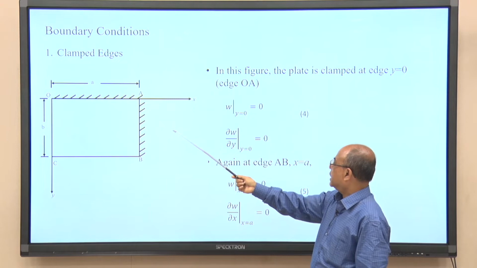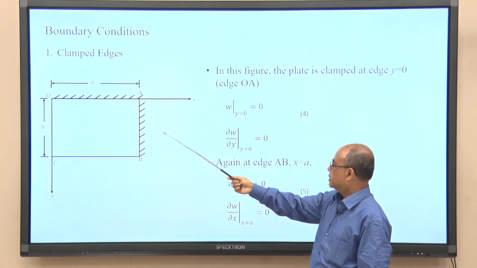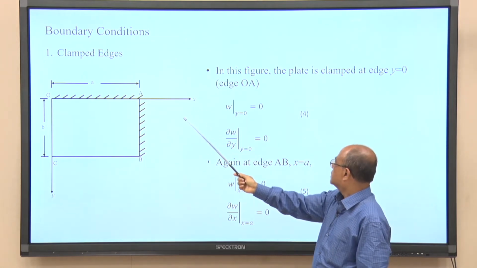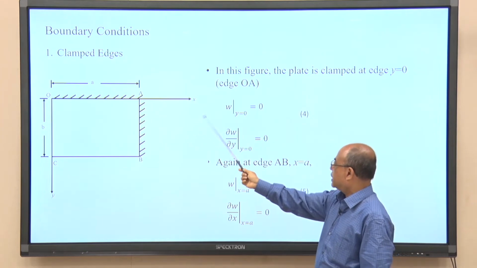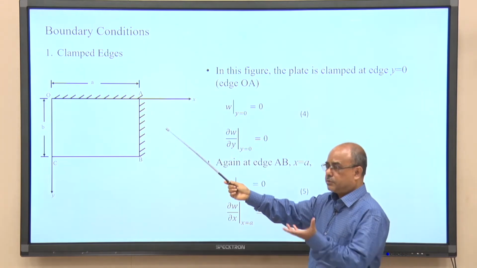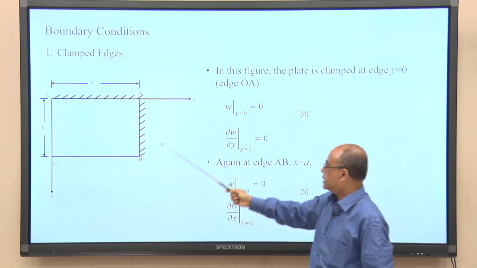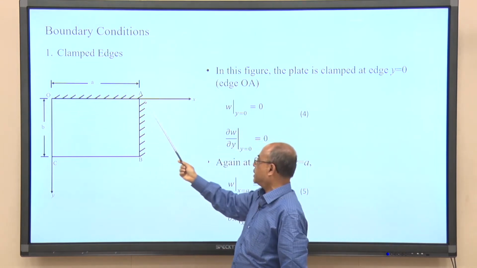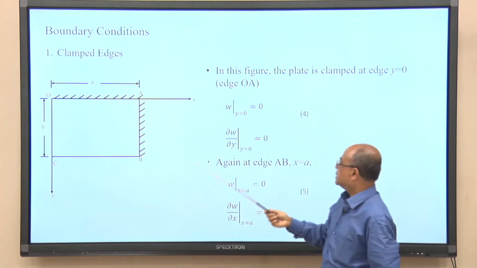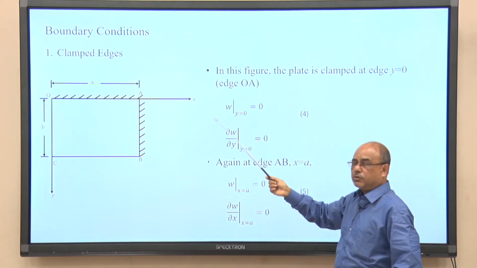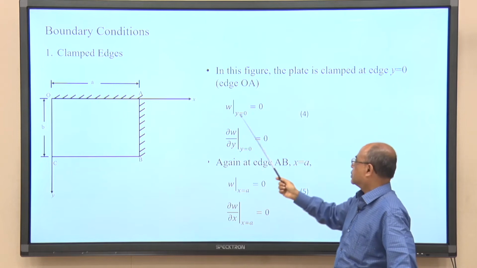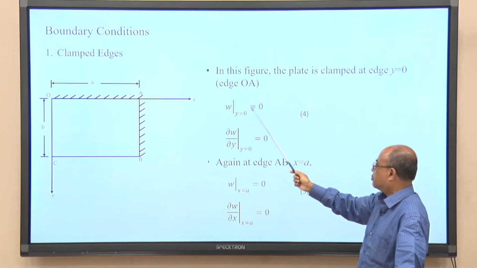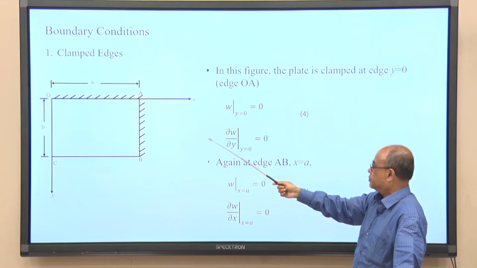You see, along OA, y is 0. If I refer to O as the origin, then along OA, y is 0. So, that means deflection is 0 along OA because it is fixed. So, w at y equal to 0 is one condition that has to be imposed here.